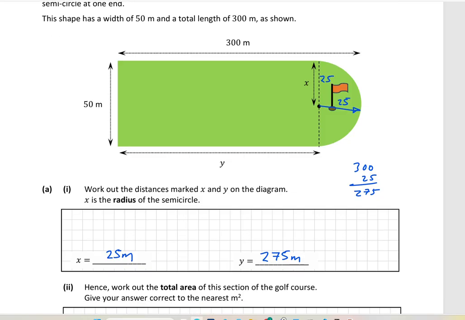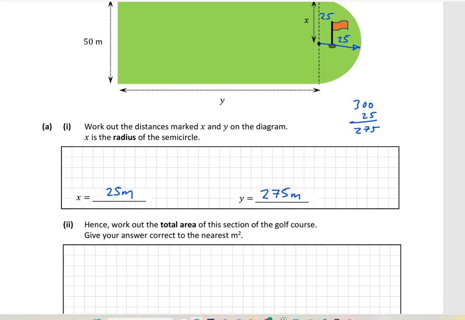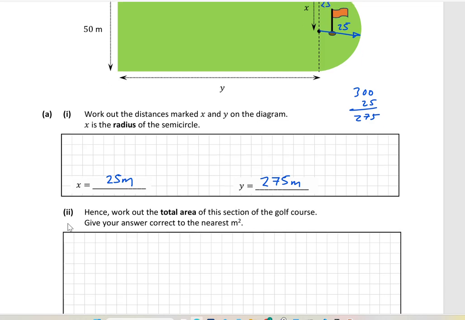Work out the total area of this section of the golf course. Okay, so the rectangle, I just say RET. Rectangle is y, 275 multiplied by 50. And the half circle is half pi r squared.